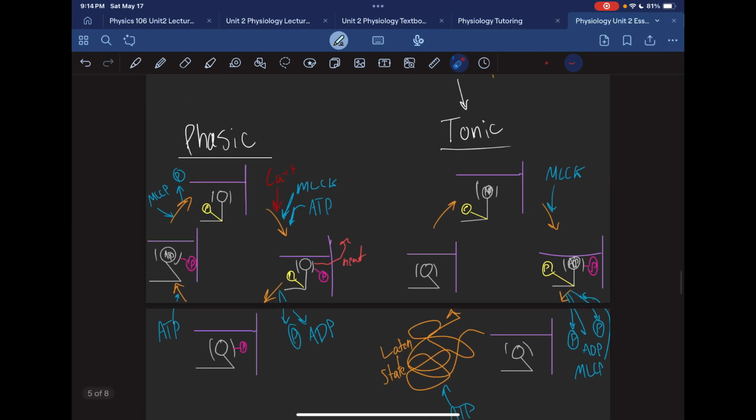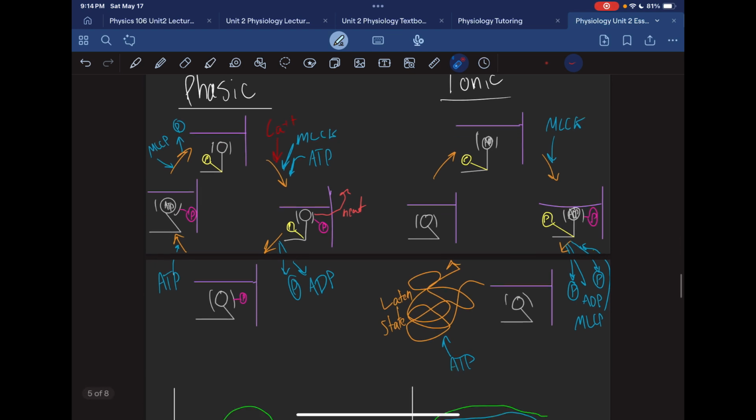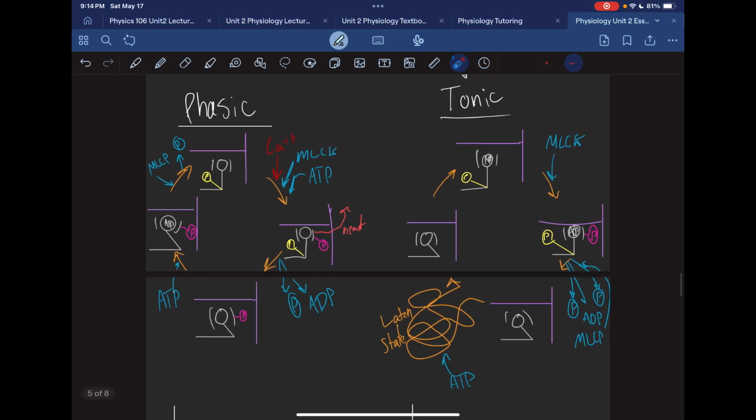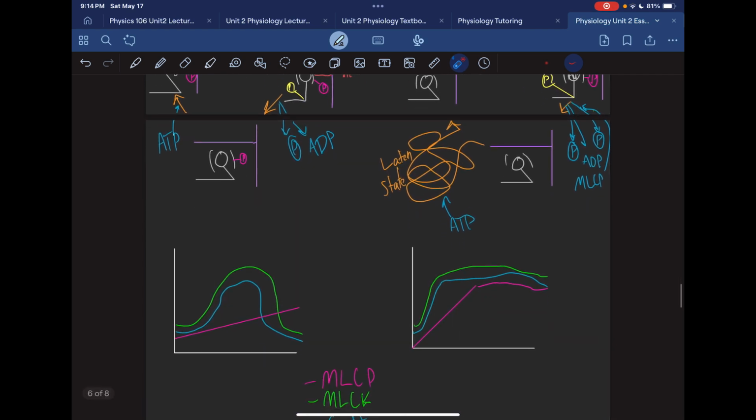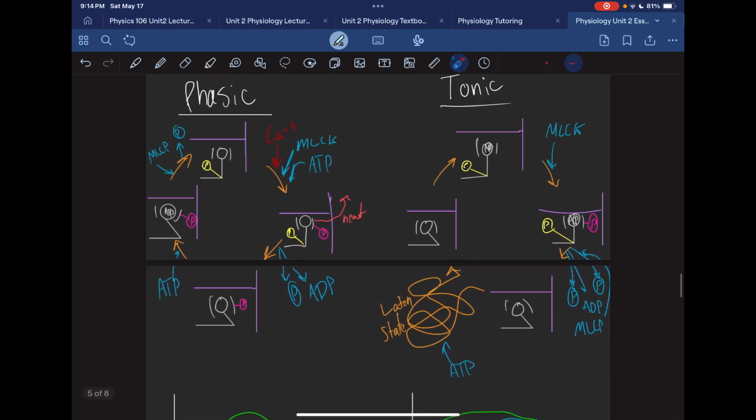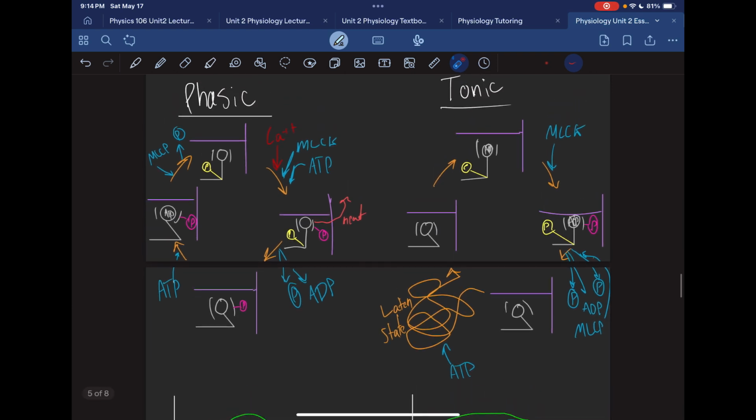And then the tonic is good, like we said, for sphincters and just a contraction to not let things pass through. Phasic is a little different because, like we said, tonic is when we have a large ratio, we have more MLCP than usual.